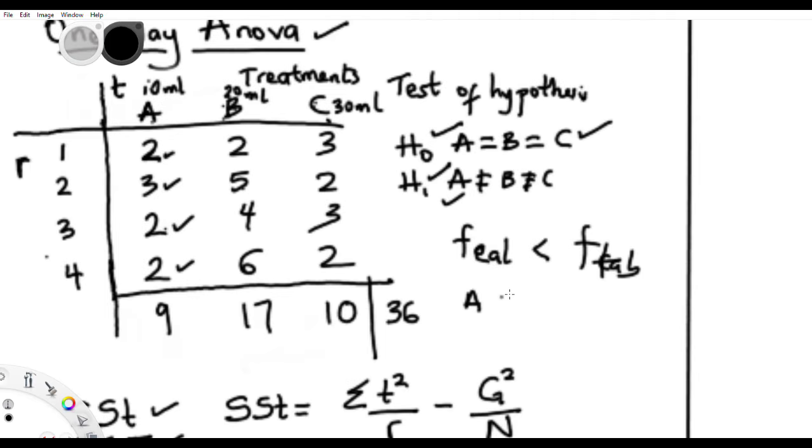If F calculated is greater than F tabulated, we should reject, but this one is less, so we are accepting that there is no difference between the levels of treatment. So that's all about one-way ANOVA.